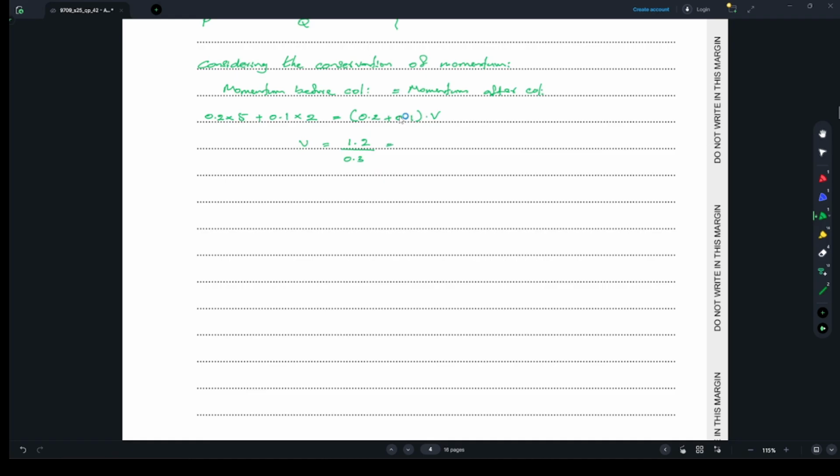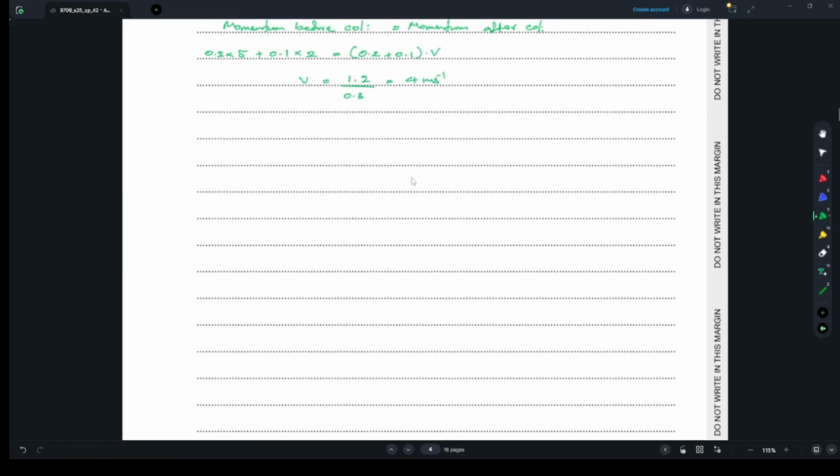Okay, so here we can just remove the decimal places because we have only one decimal place. So 12 divided by 3 is 4. Okay, so after collision, the velocity of the combined particle is 4.